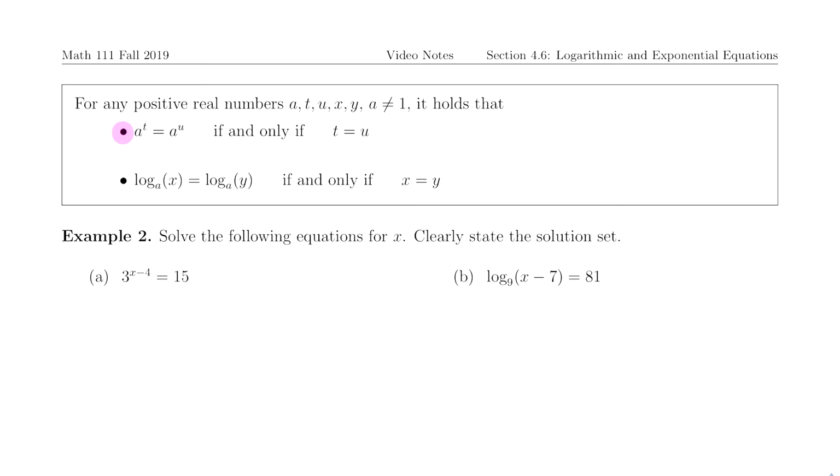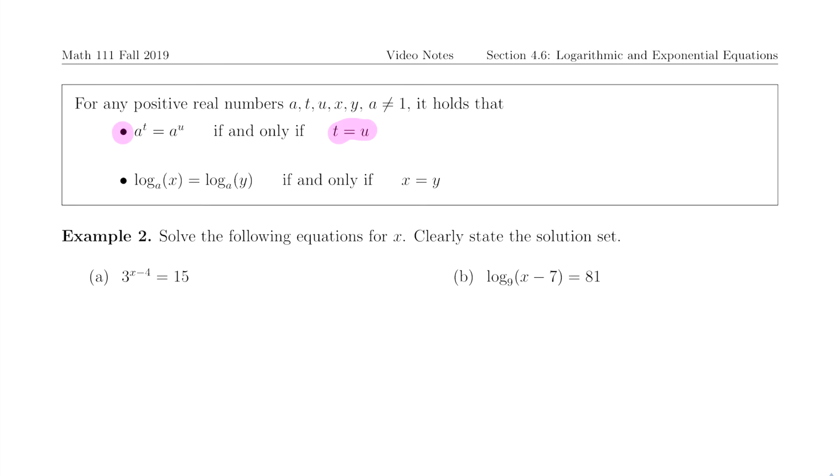So that is the statement over here, that the exponents are the same, and the same vice versa. If the two numbers are the same, and then I take a base and put each of those numbers into the exponents, then the result is also the same. So it goes both ways. That's what the if and only if means.